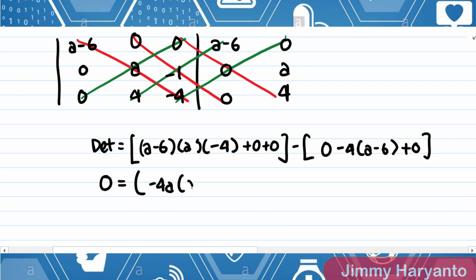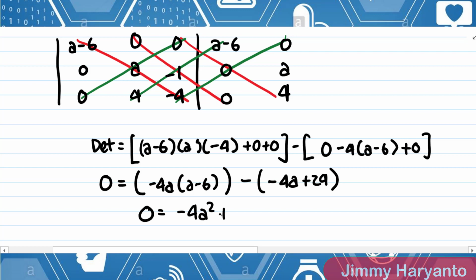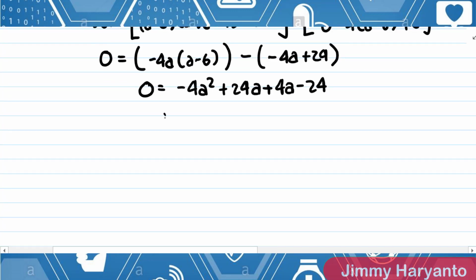Negative 4a times a minus 6 plus 0, 0, we don't have to write. And then minus with negative 4a plus 24. And the results will be negative 4a squared plus 24a plus 4a minus 24 and equal to 0.